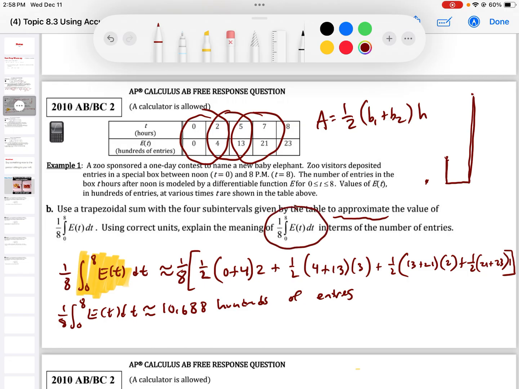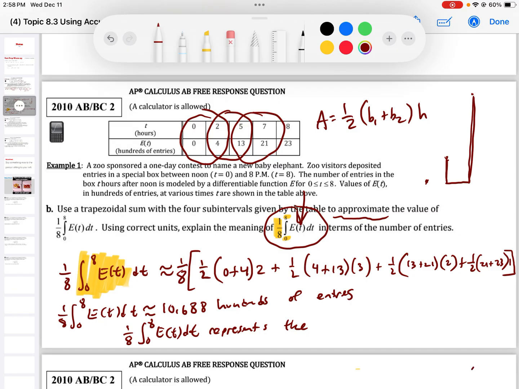So the meaning, because the second part says, what is the meaning of this? Whenever I see that fraction out in front, and it just happens to be the difference of the limits of integration, so 8 minus 0 would just be 8, that means it's the average value of whatever that unit is. So I would say 1/8 integral from 0 to 8 of E of t dt represents, this would be the exact, right?